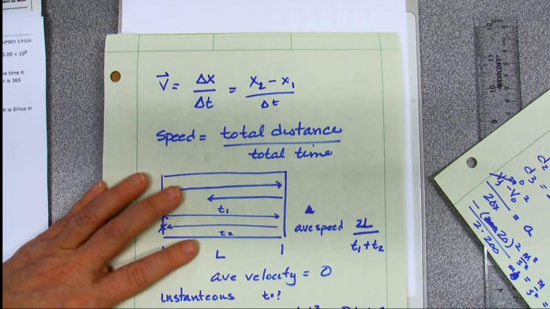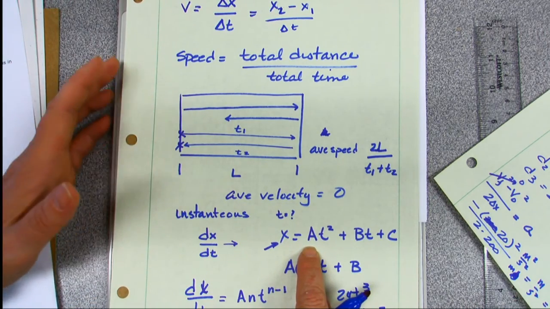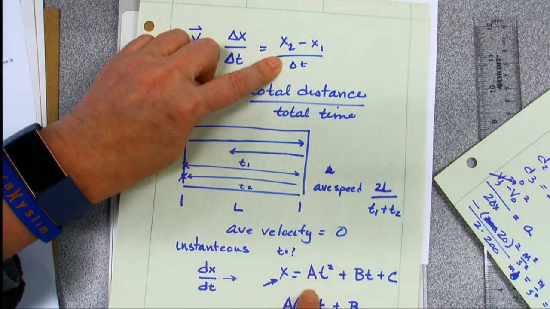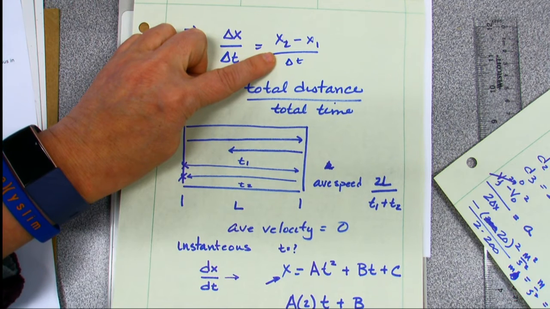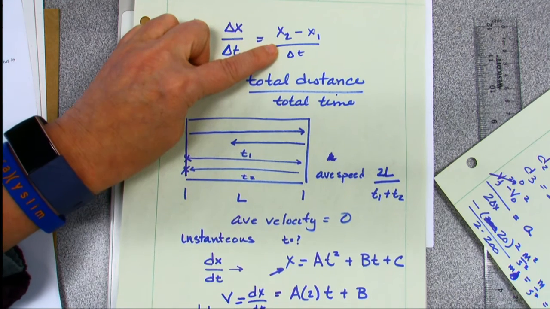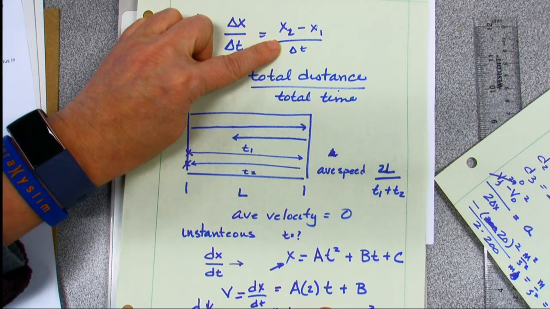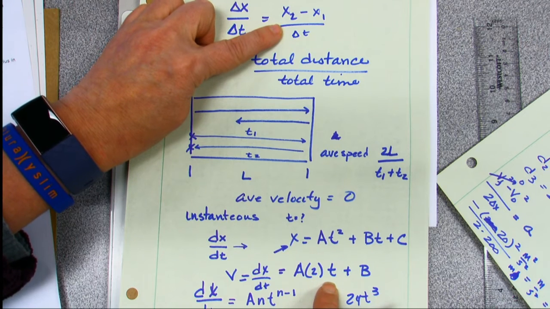I'm going to plug in my time 1 and my time 2, then figure it out there. But when I want my instantaneous one, dx/dt is equal to velocity, and I want my instantaneous velocity, then I'm just punching in my time value in that spot.